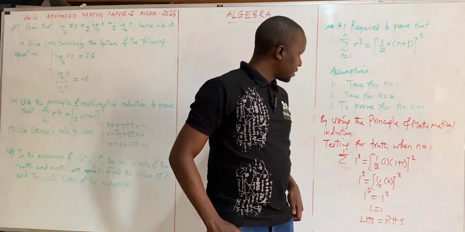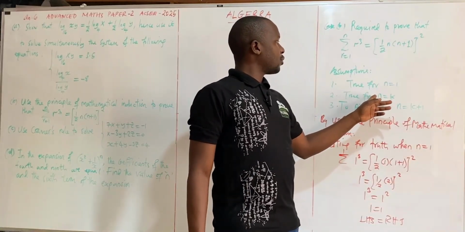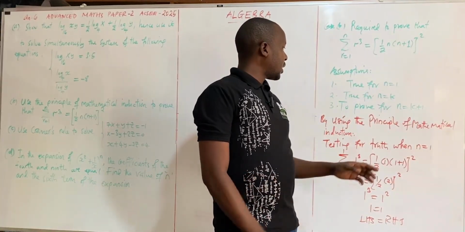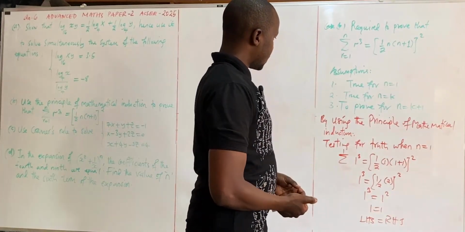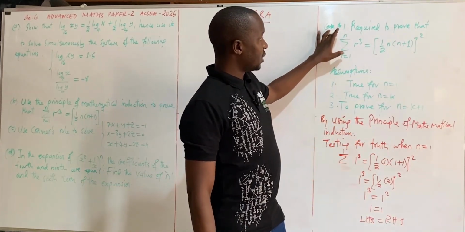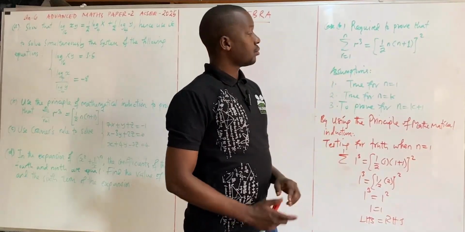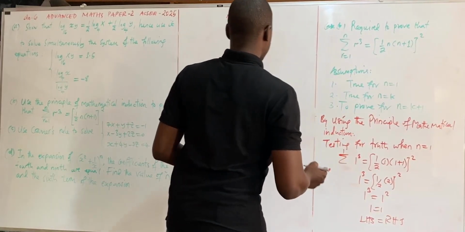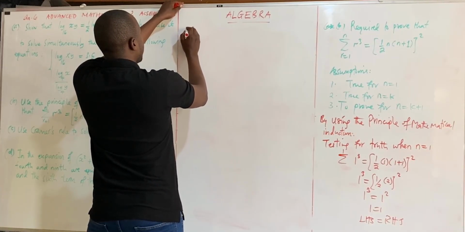Now, if this exists, we need also to prove if it is true for n equals k, and finally we prove for n equals k plus 1. And now we can see if all this works, it means the left-hand side and the right-hand side of this expression is always true. So if that is the case, let's prove now.